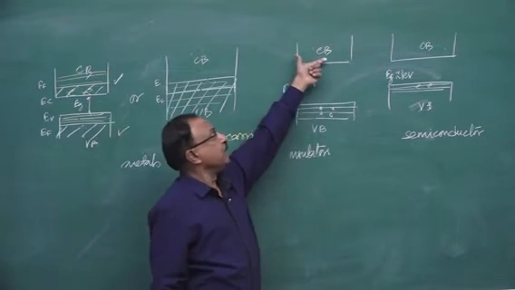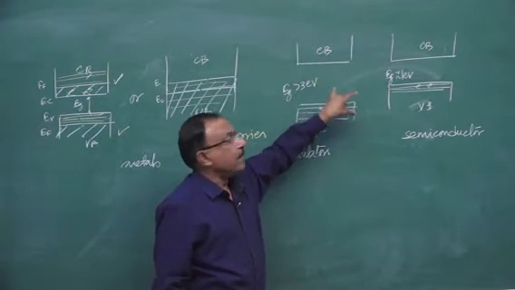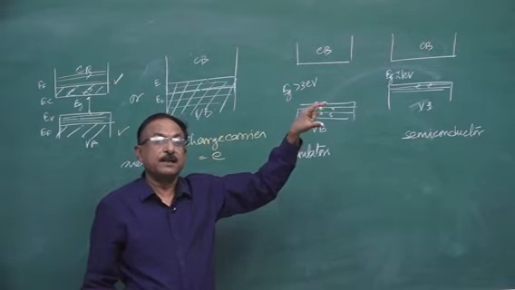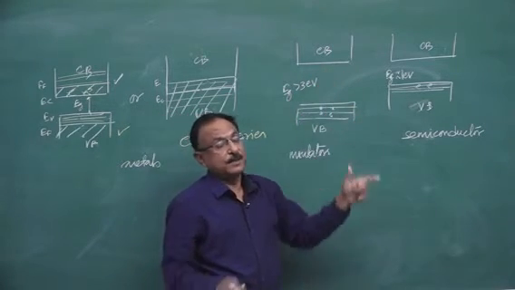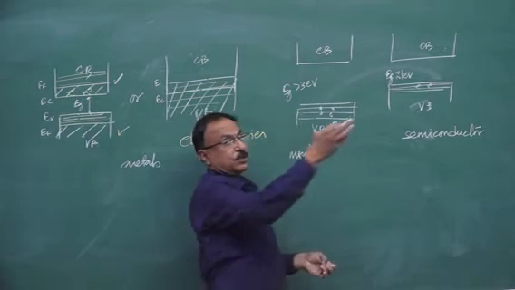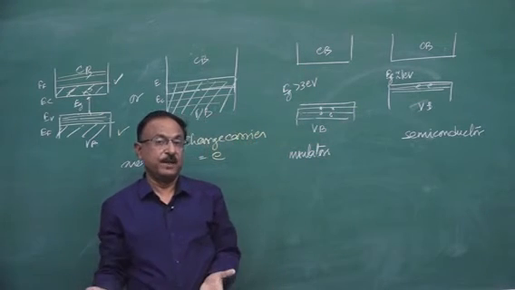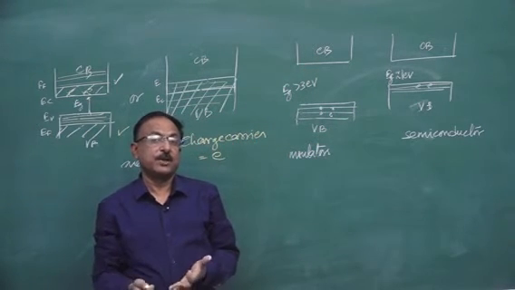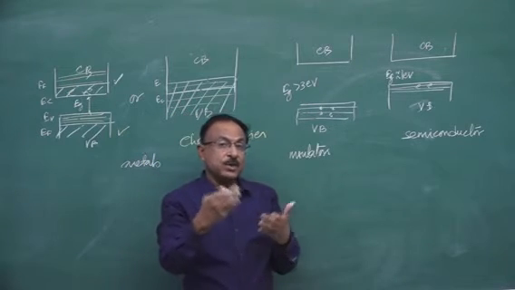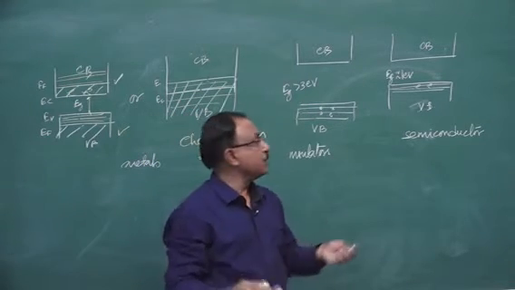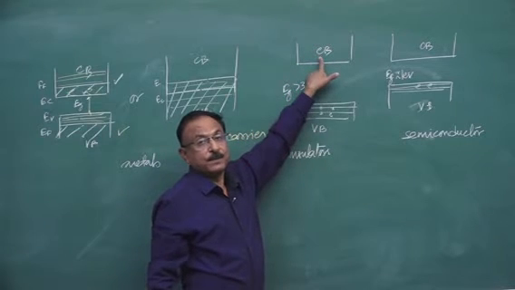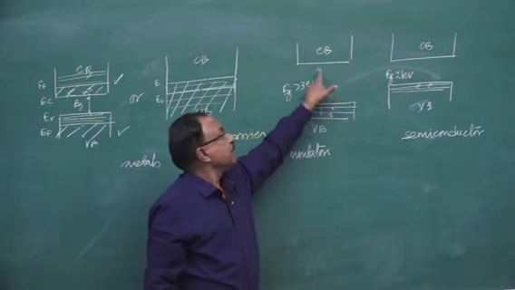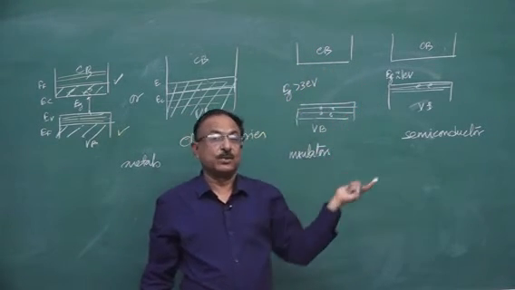They cannot easily go to the conduction band. So the substance behaves like an insulator because electrons are not present. In a normal condition, there are no free electrons to move around in the conduction band. And even when you change the condition, when you supply energy, it is not possible for the electrons to go from the valence band to the conduction band. So this substance will behave like an insulator.